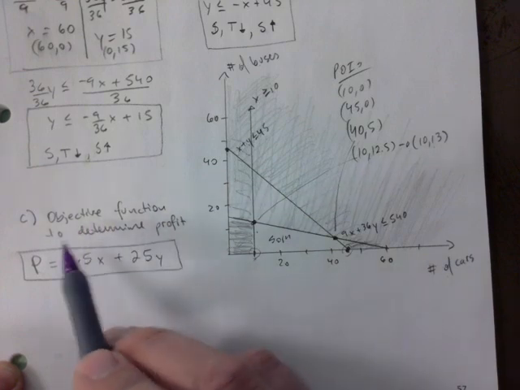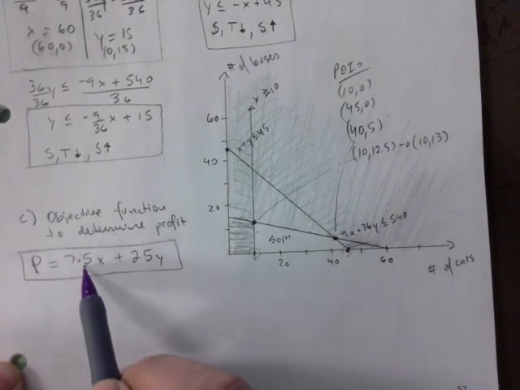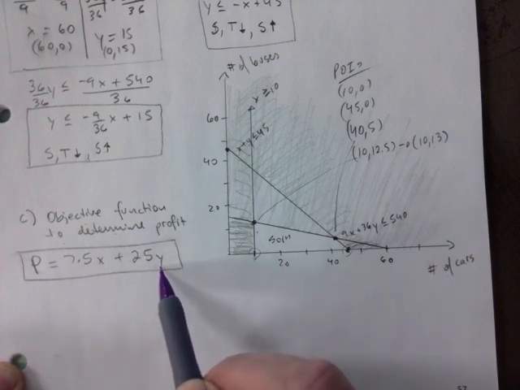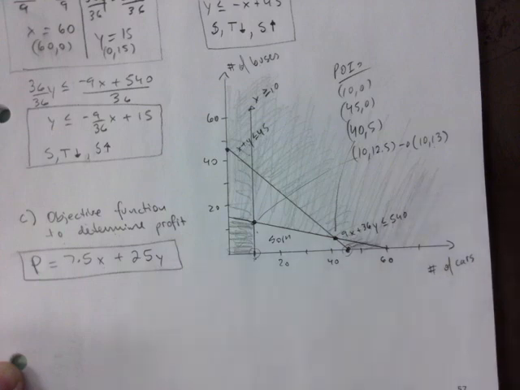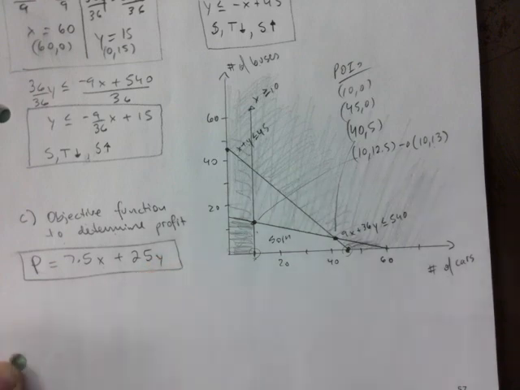See, the objective function to determine the profit would be like this. P is equal to $7.50 for every car, $25 for every bus. This would give you the profit you would be making if you gave it a combination, like, hey, there's how many buses, there's how many cars I had. I want to give you a bunch of different options here to practice.